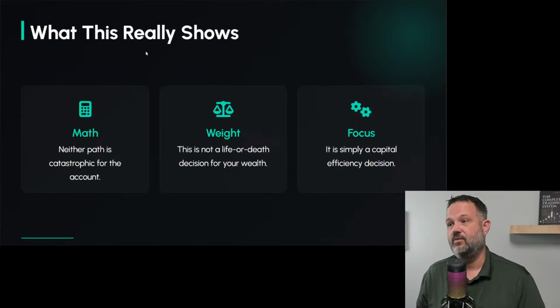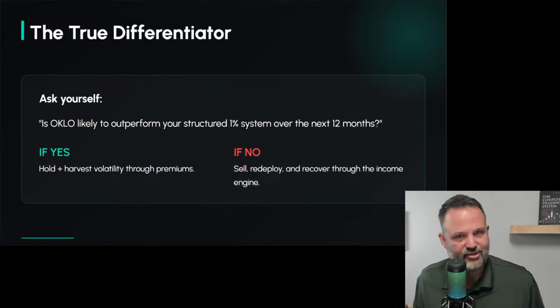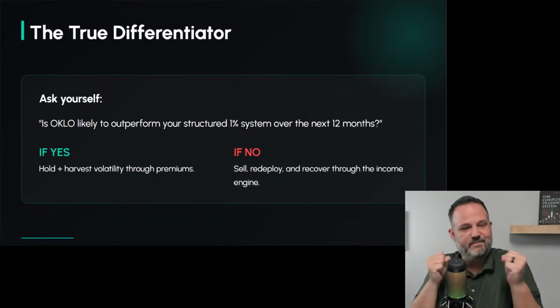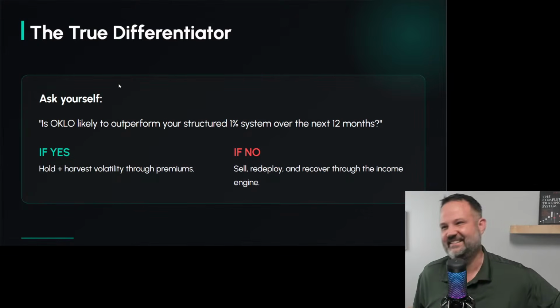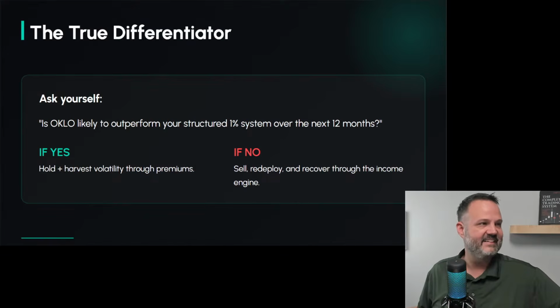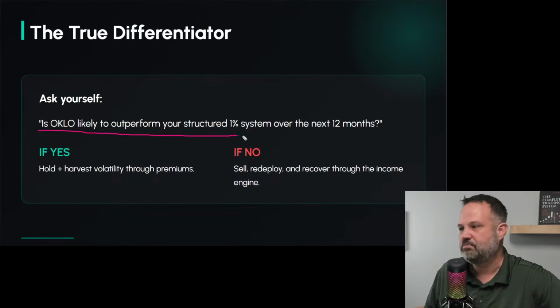Okay, so now let's go to the true differentiator, right? This is how we make good decisions. This is the judgment framework. I have been talking for all this time just to get to this card. And that is this. Is OKLO likely to outperform your 1% system over the next 12 months?